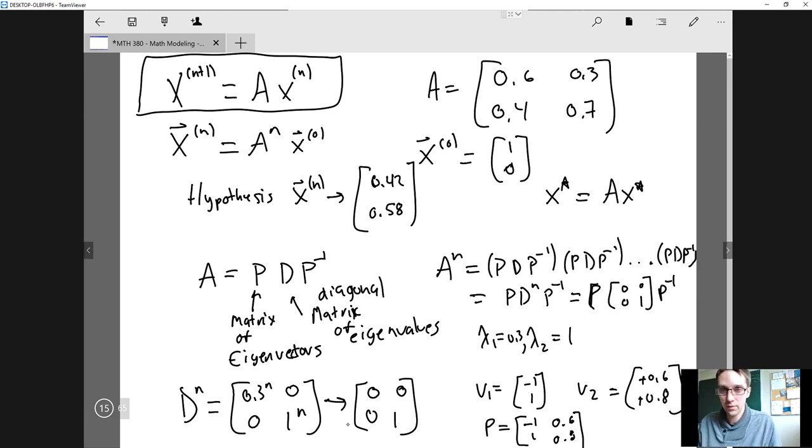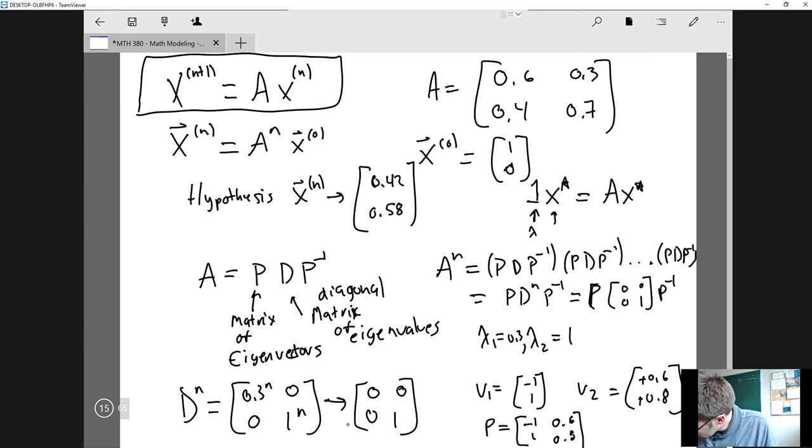But notice, if I were to put a little 1 right there, then that equation would still be true. And that looks a lot like the very definition of an eigenvalue and eigenvector. So if we call this lambda, notice 1 was one of our eigenvalues.